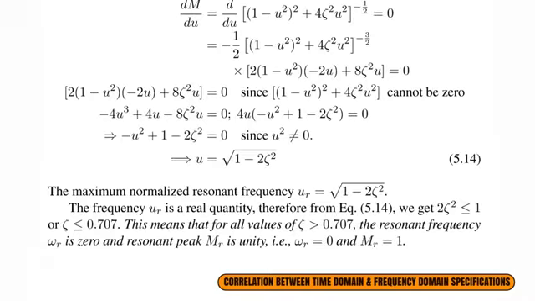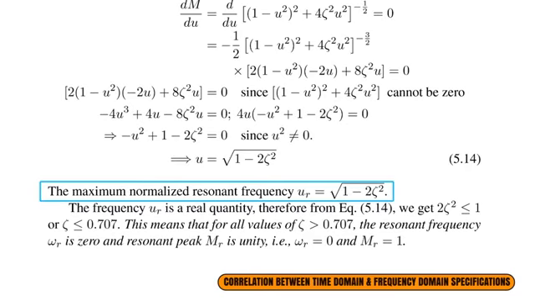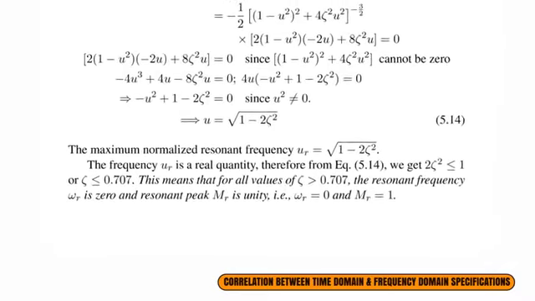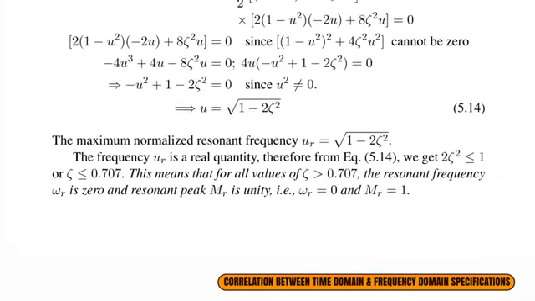So the normalized resonant frequency u r equals square root of 1 minus 2 zeta square. When the normalized frequency omega divided by omega n equals square root of 1 minus 2 zeta square, the magnitude will be maximum. The frequency u r is a real quantity, therefore we need 2 zeta square less than 1, otherwise it becomes imaginary.